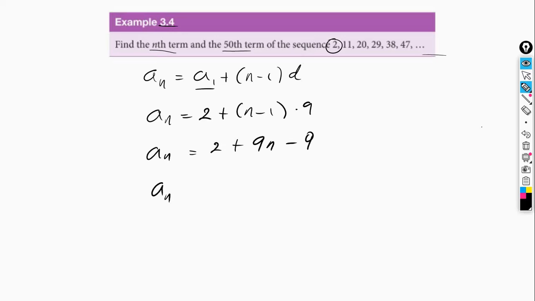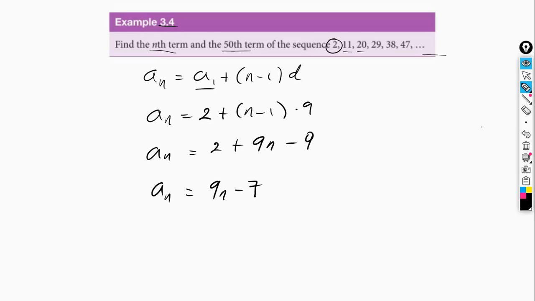So the nth term is 9n minus 7. You can test it: 9 times 1, the first term, minus 7 is 2. 9 times 2 is 18, minus 7 is 11. 9 times 3 is 27, minus 7 is 20, etc. So it generates the sequence.